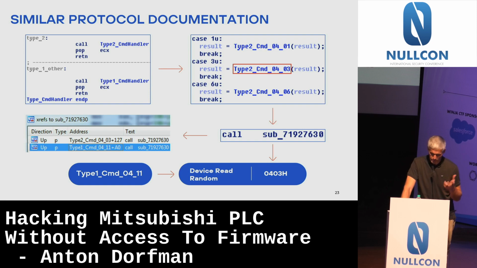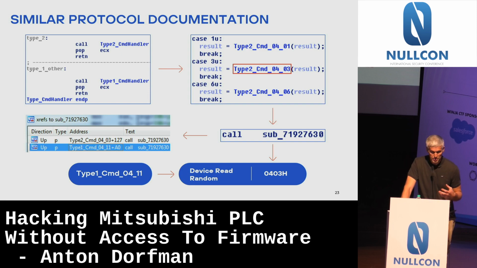You can see them on the left top. And one type of protocol has the handlers of particular commands. You can see it on the right top. So I marked one command. It's type 2 CMD for free.